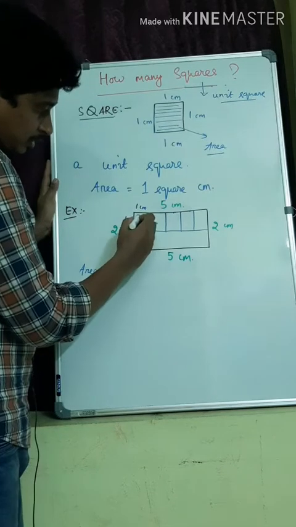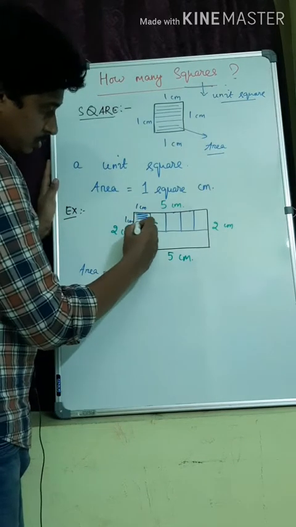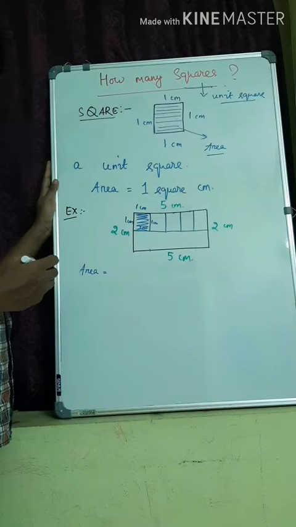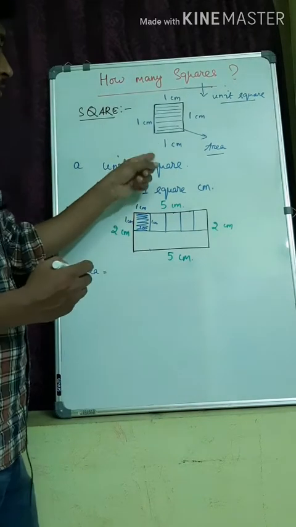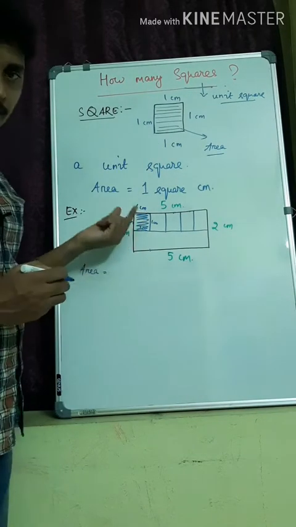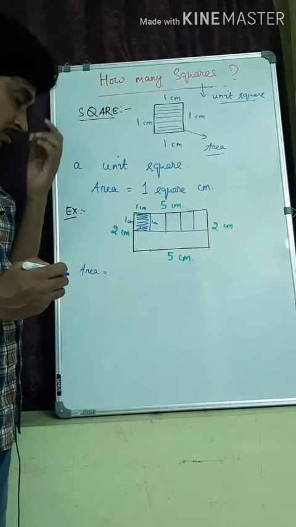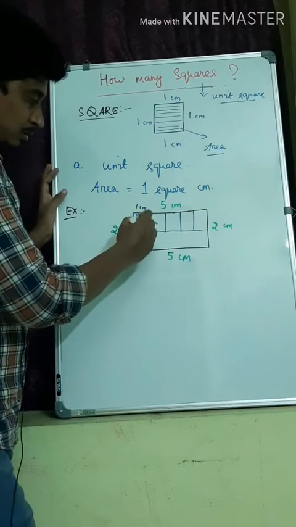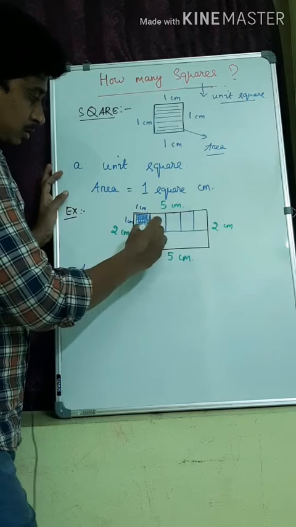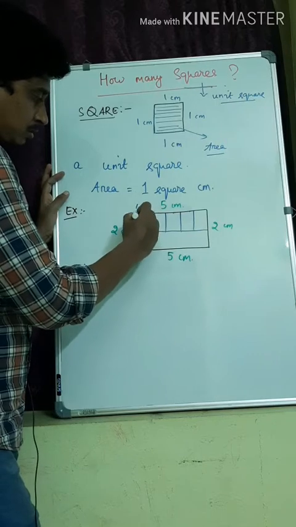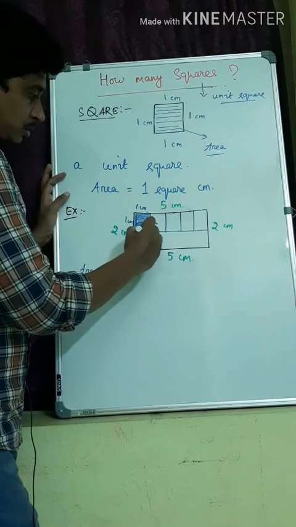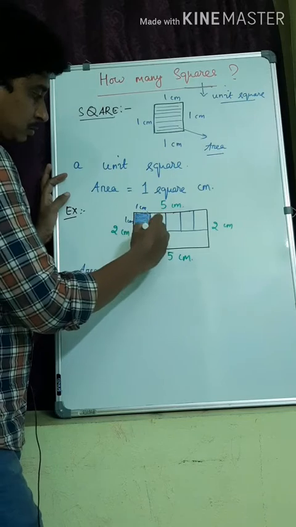So this small square is the basic unit of measurement of area. So this is 1 square centimeter.